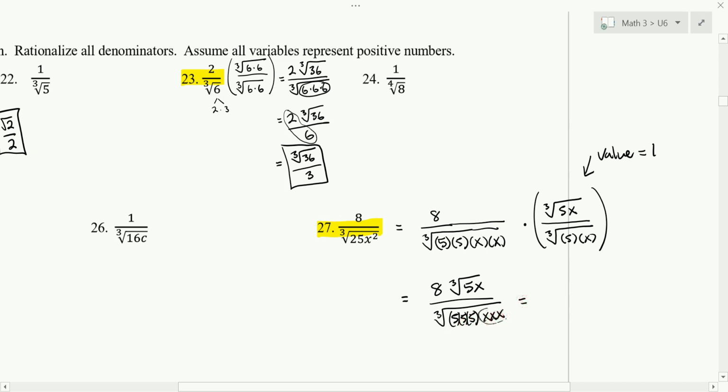So we can take the cube root of each of those, and we get 8 cube root of 5x over 5x. And there's nothing to reduce now. That's as much as we can do to that fraction.